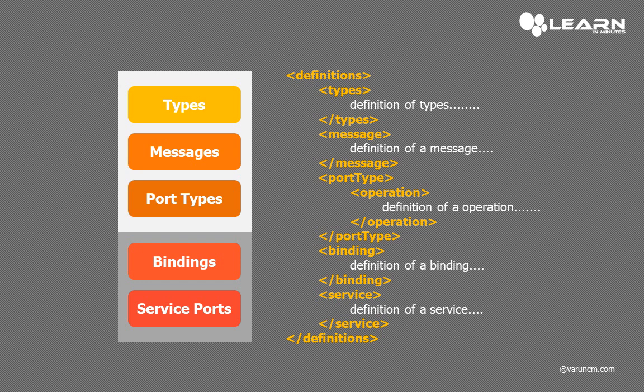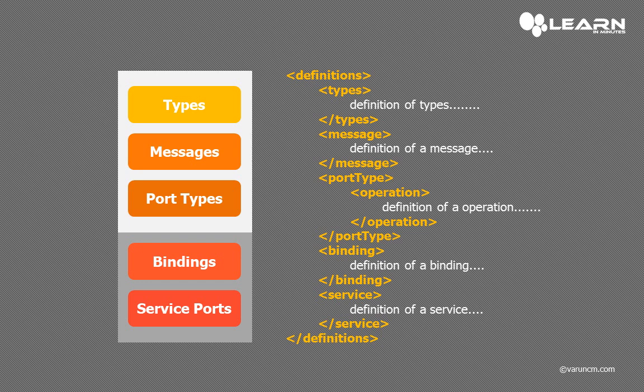It starts with the definitions tag and it should enclose all other tags or the blocks that are present in the WSDL file. Here, as we have seen, there is the types tag which represents the types block, message tag representing the message block, port type representing the port types block, binding tag representing the bindings, and service tag representing the service ports.